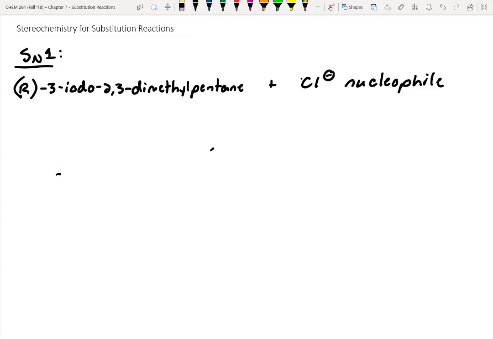No, but I'm going to keep it the same. I'm just going to draw it in a different orientation, and you'll see why. If you want, you can just make a note right below. So this is still R, right? Do we agree? I just kind of flipped around the orientation of this. And in the first step, we're going to kick off this iodine.